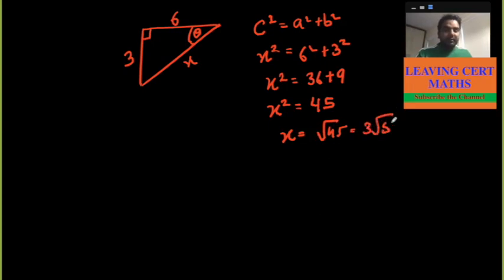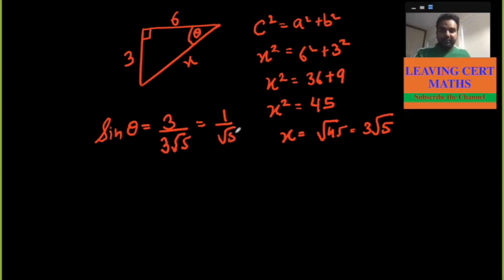Now, what is your sine theta? You can use SOH. So opposite over hypotenuse. So what is the opposite? 3 over x, which is 3 root 5. If you put this in the calculator, you will get 1 over root 5. Okay.